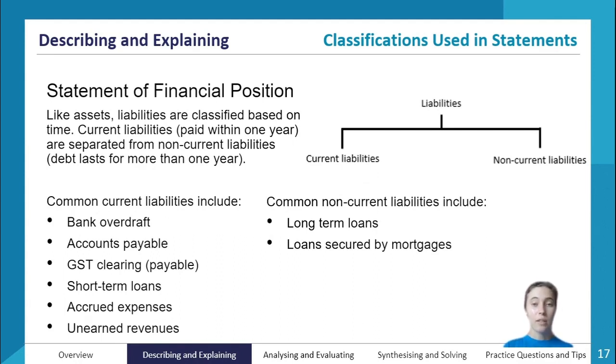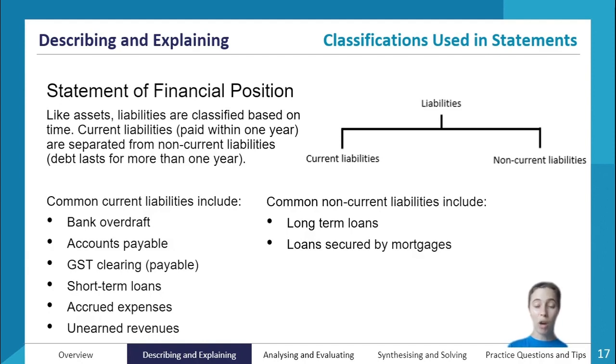So like assets, liabilities are classified based on time. So again, current liabilities, they're paid within 1 year. Non-current liabilities are debts that are going to last for more than 1 year, and they are separated from one another. So some common current liabilities, there's more of these than there are non-current.